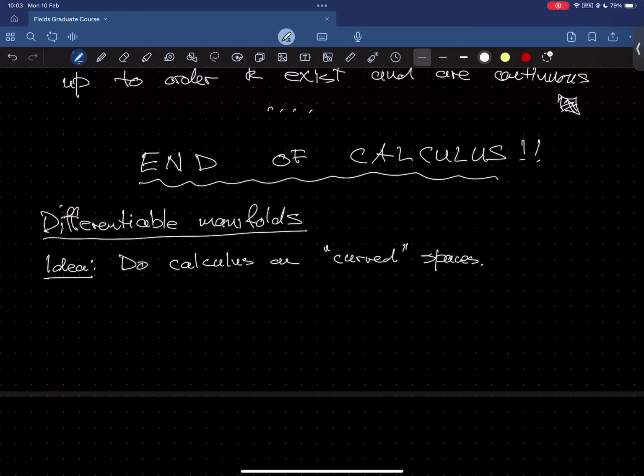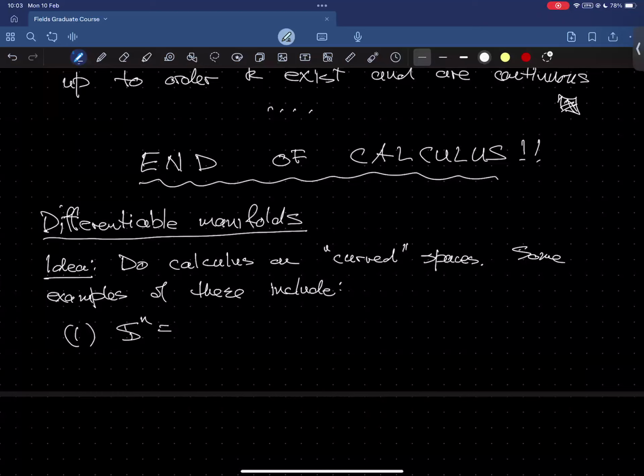So let me give you some examples of interesting curved spaces. These will turn out to be manifolds, although we don't even know what that word means yet. There's what's called the n-dimensional sphere, which is written as S^n.